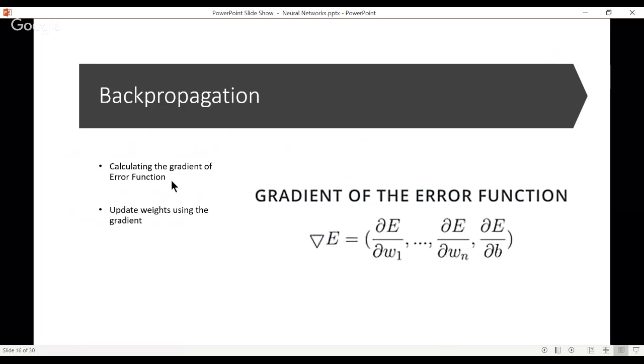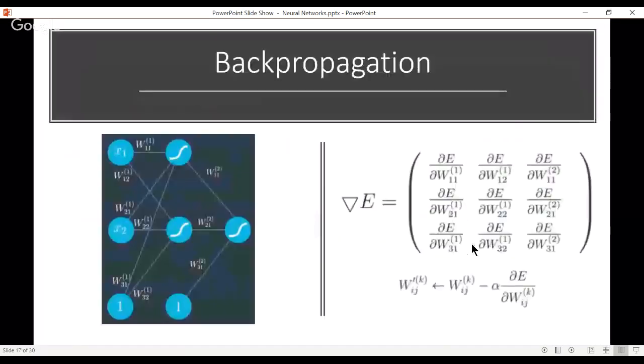Once you compute the gradient, you can update your weights using the gradients. The gradient is just the derivative of the error with respect to each individual weight, as you can see here, including the bias.